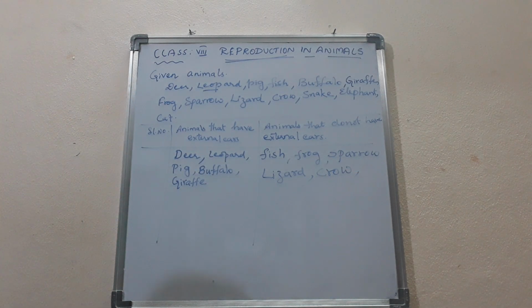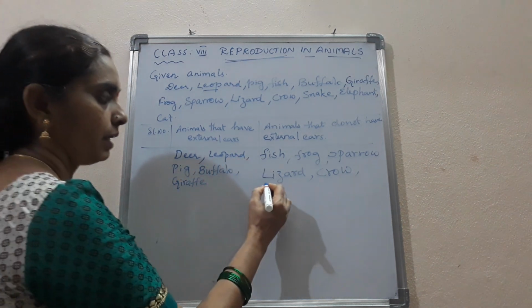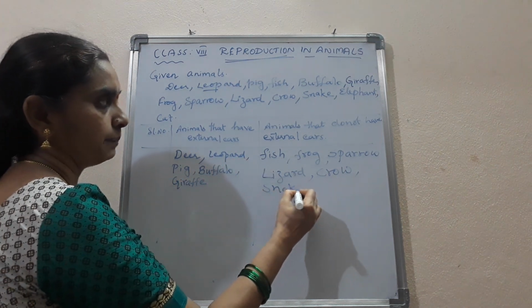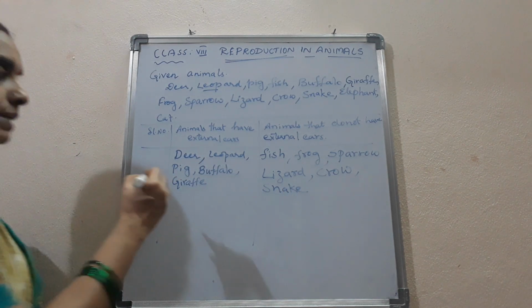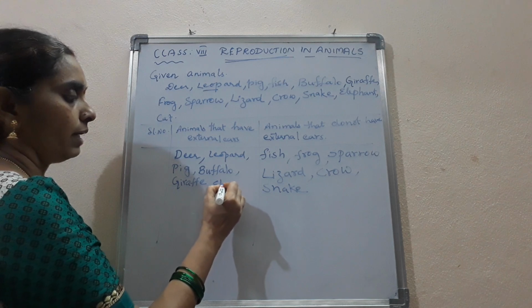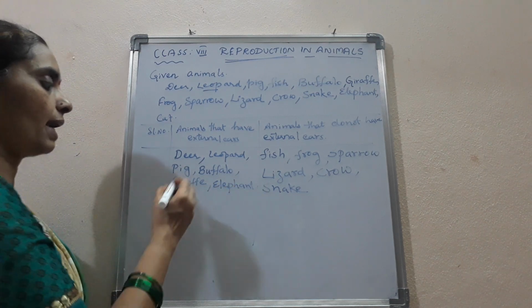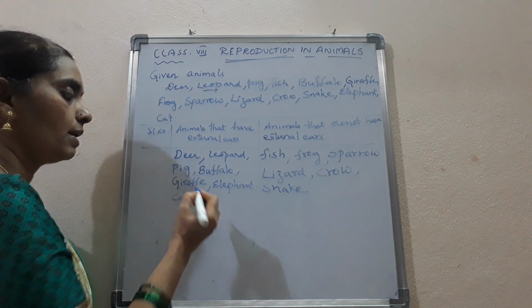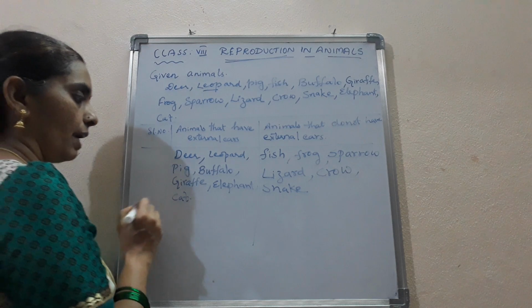Snake. Snake does not have hair on its body. So you write under this column. Next, elephant. Elephant has hair on its body. So you write elephant here. And the last one is cat. Cat also has hair on its body. So you fill up the table like this.